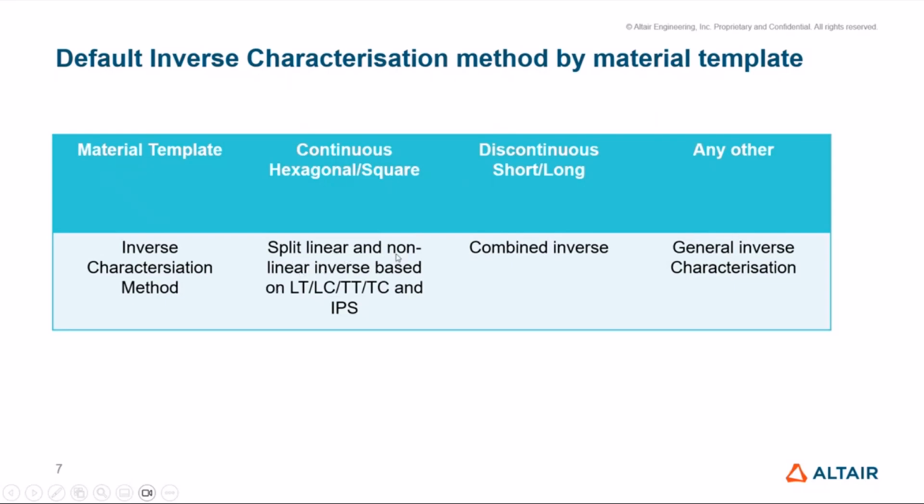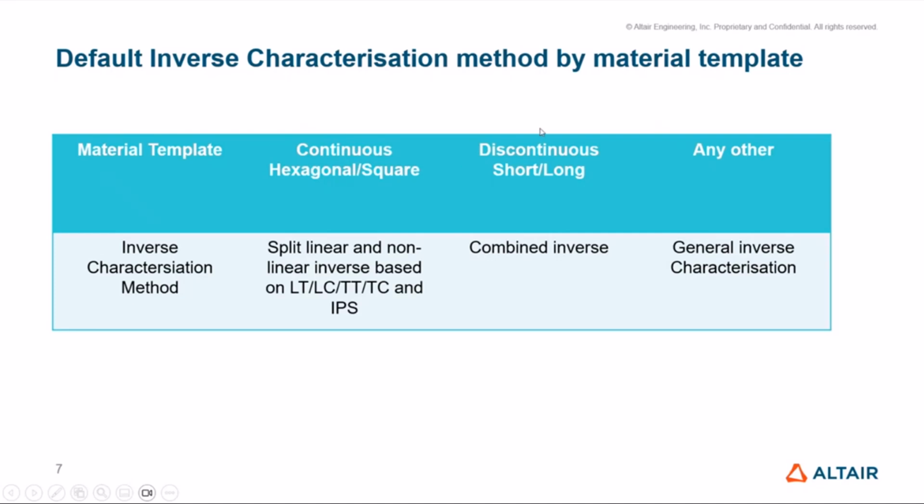Only if that's done does it make sense to go to the non-linear, and it's fixed to a specific test scheme. That means longitudinal tension, longitudinal compression, transverse tension, transverse compression, and in-plane shear results. All of that was a fixed scheme designed for easy use of an inverse fit of continuous materials.